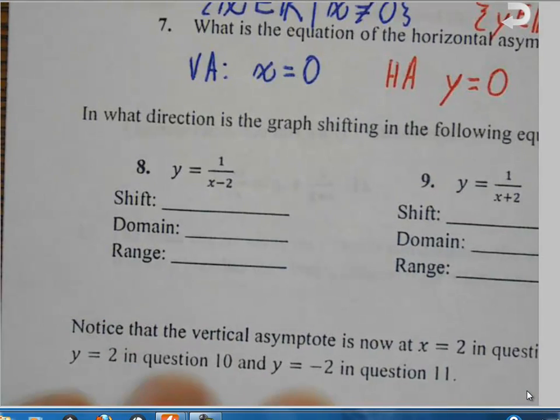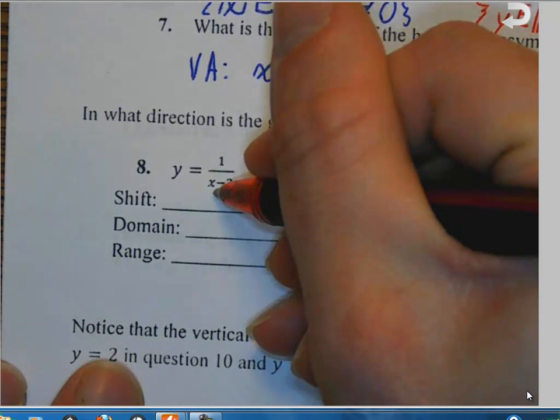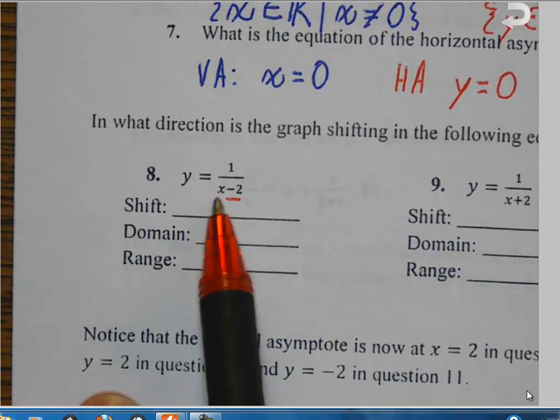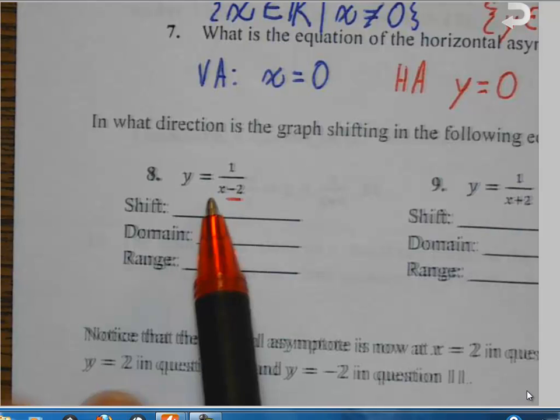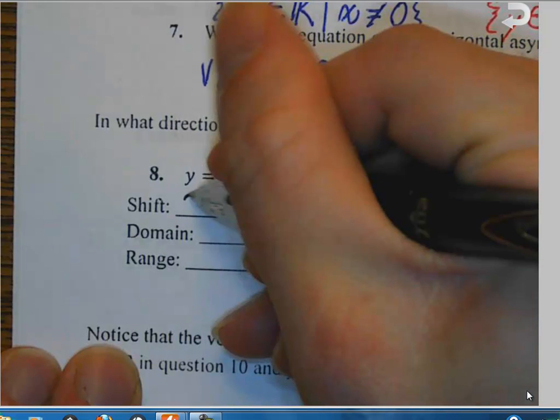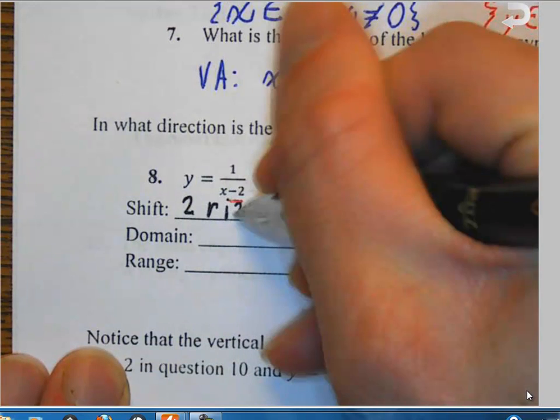So let's take a look at number 8. If I look at number 8, I have a negative 2. Now, one would think that this means you are going 2 to the left, but you have to remember that your x is going to lie to you. This is why we don't get along with our x. You think you would go 2 to the left, but instead you go 2 to the right. So you would say this is a shift 2 units to the right.